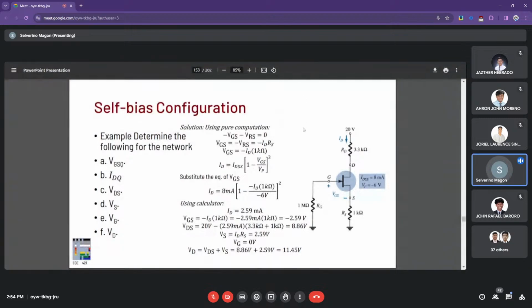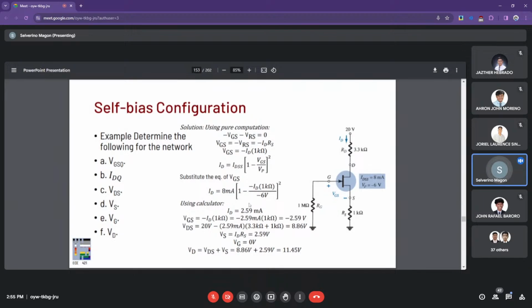All right, so for this case, we've seen the KVL performed at this point. Again, we do not include this in the equation considering the fact that we have zero current at the gate. So we just have the VGS as equal to the drop across the resistance here. Using this expression, we can plug this into the Shockley's equation.